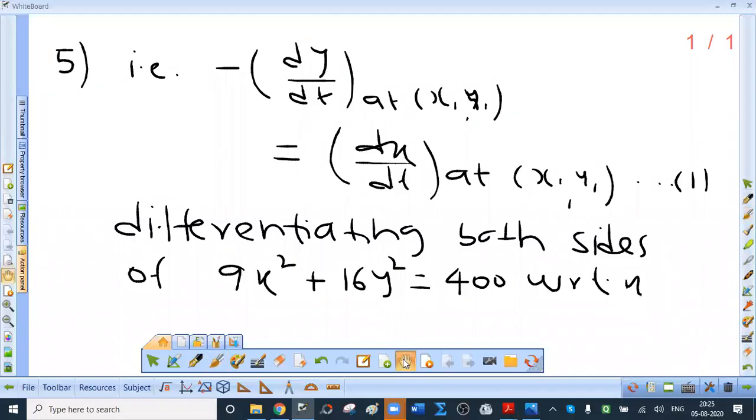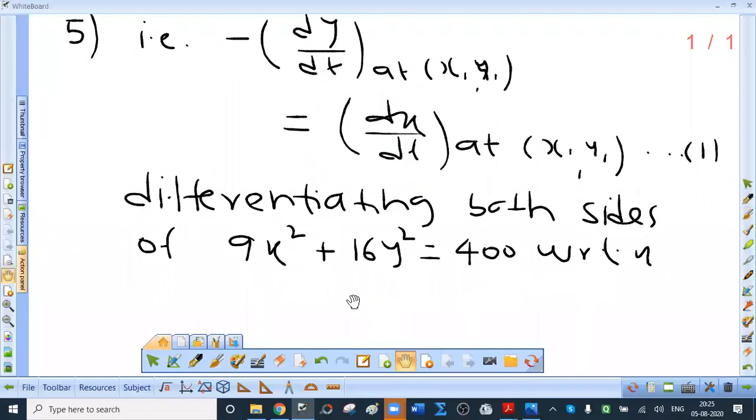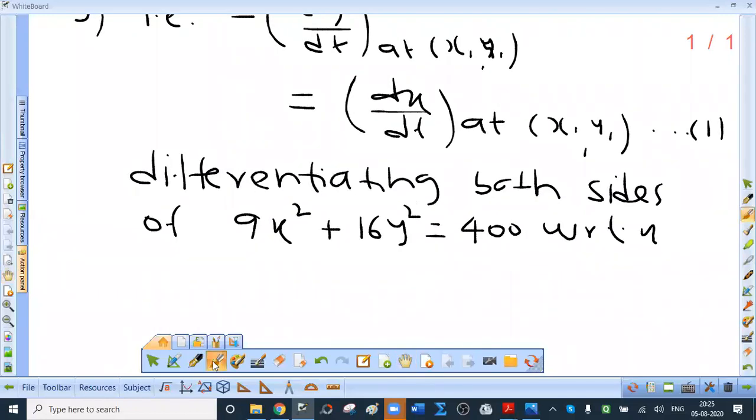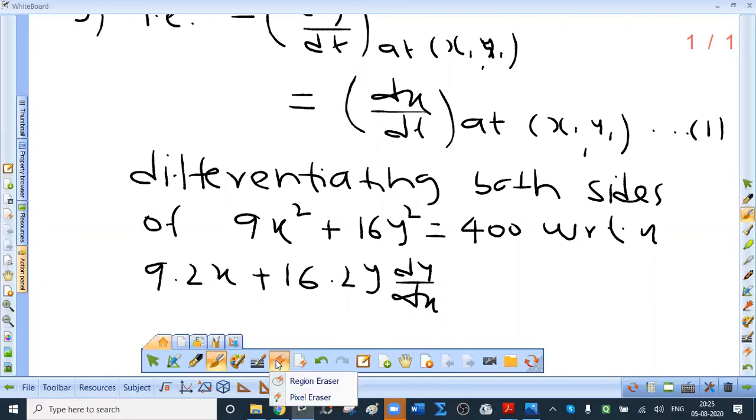So tell me, what is the derivative? So 9 into 2x plus 16, what is derivative of y square? It is 2y dy/dx. One minute, not with respect to x, I'm sorry, because this is a related rate, right? So it should be with respect to t. Okay, I'm sorry.